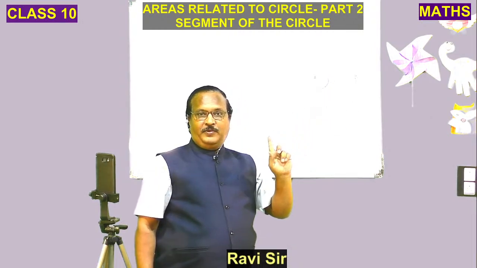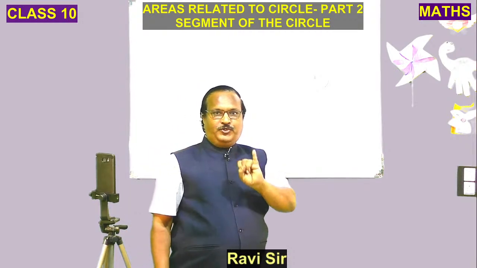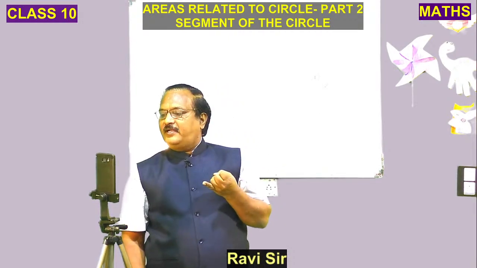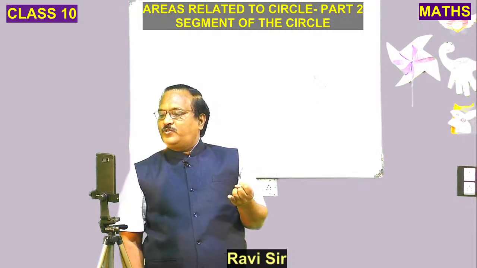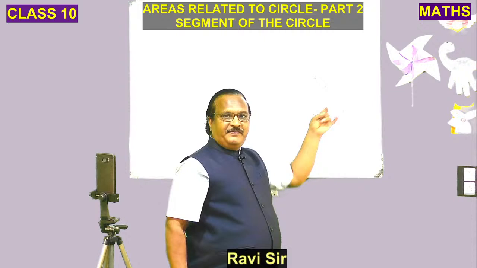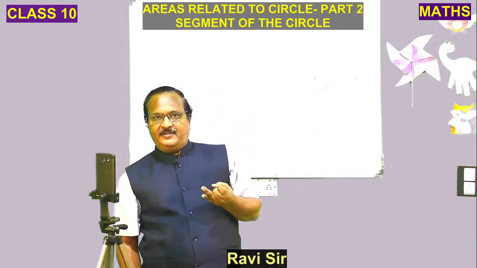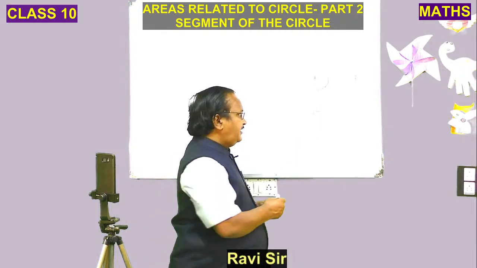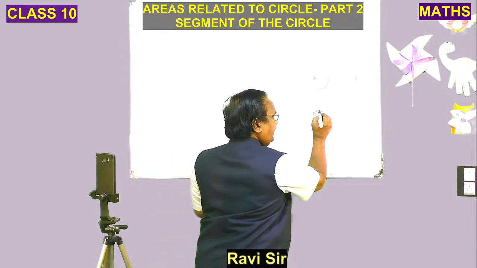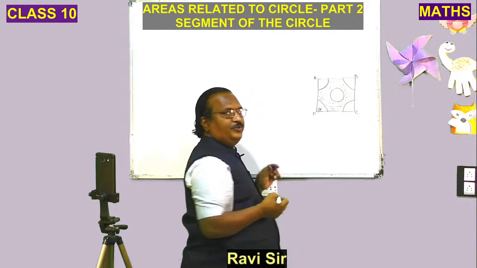You should remember the formula of area of square, everybody knows, right. Area of circle formula pi r square, and the area of a sector. The square has 90 degrees, so the sector angle is 90 degrees, that also you should know.